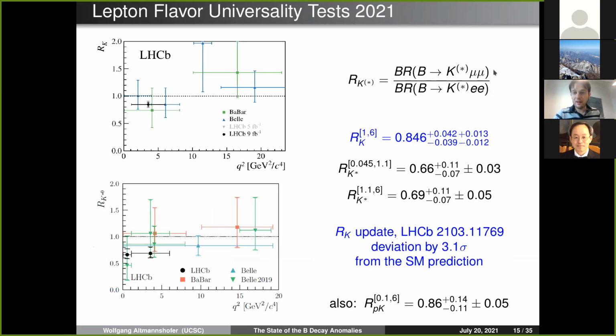But because you take this ratio, these hadronic corrections which come from QCD, and QCD doesn't care about the lepton flavor, they're exactly the same in the numerator and denominator, so they cancel almost exactly. They only don't cancel precisely because the muon and electron have slightly different masses, so it's not a perfect cancellation, but it's an almost perfect cancellation in those hadronic corrections. Does that make sense? Okay, thank you.